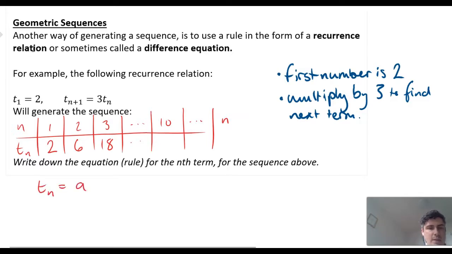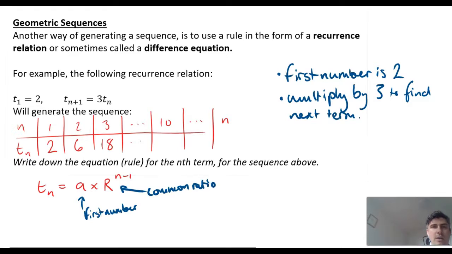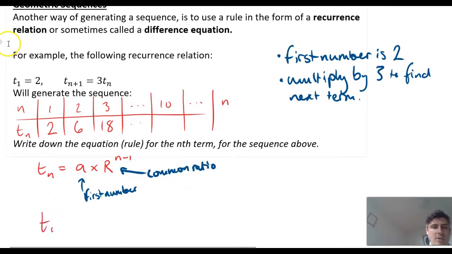You get your first number and you times it by what we call the common ratio to the power of n minus 1. Okay, so once again, this is your first number, and this is what we call the common ratio. So in the case of this question, Tn equals 2 times, because the first number is 2, times 3 to the power of n minus 1.